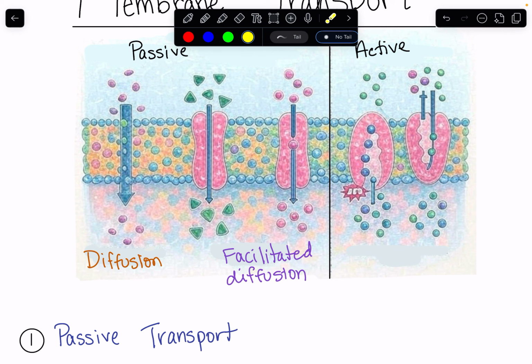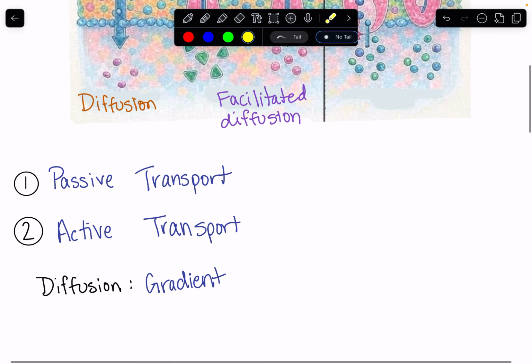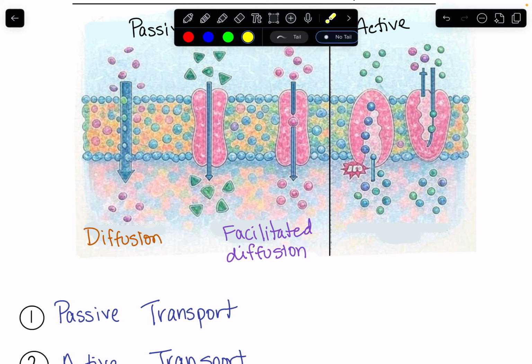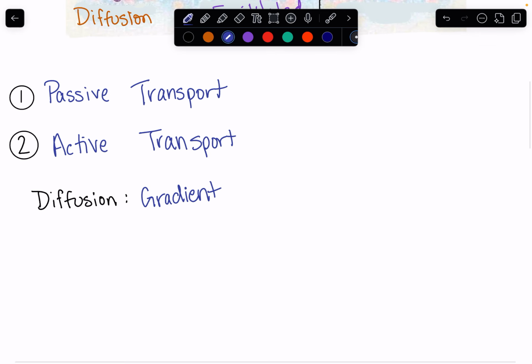Well, when we look at the cell membrane, let me get my highlighter out, we have more molecules on this side than on this side. So we can assume that this is the outside of the cell membrane and this is the inside of the cell membrane. So what this gradient is, is that we go from a high concentration of particles to a low concentration of particles.